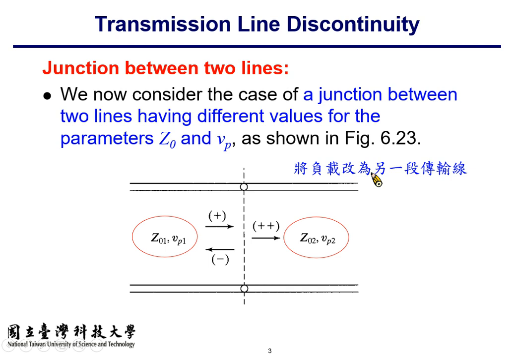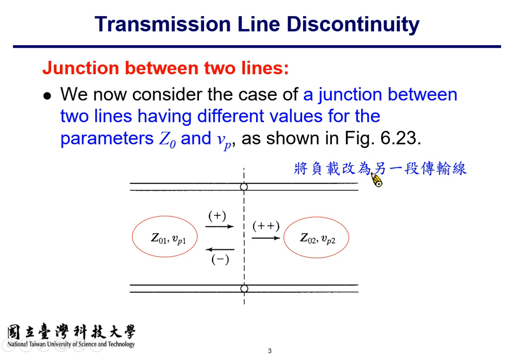The left-hand side is characterized by its characteristic impedance Z sub 0,1 and the velocity of propagation Vp1. To the right is another transmission line characterized by its characteristic impedance Z sub 0,2 and Vp2, the velocity of propagation.